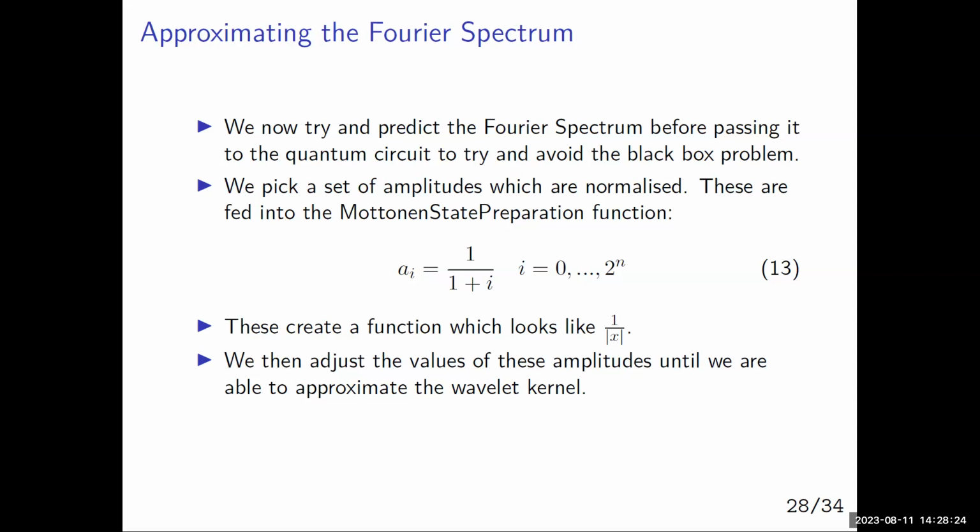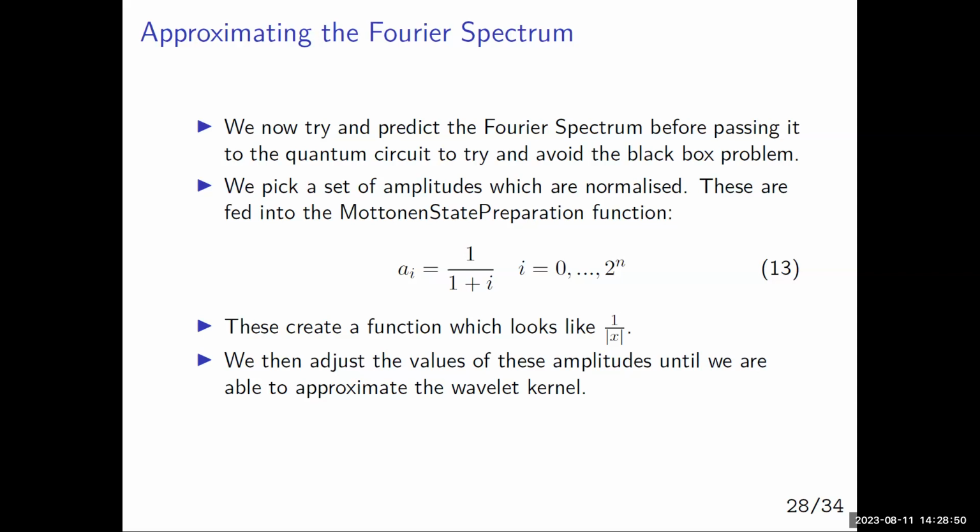So we're going to predict the Fourier spectrum beforehand. And so we worked out the Fourier spectrum before, and we've set these A values. And the reason it's 1 over x is because we know the general shape of a kernel. I think that we'll be able to bend that shape into an appropriate kernel from where it is, and we should be able to find the answer.